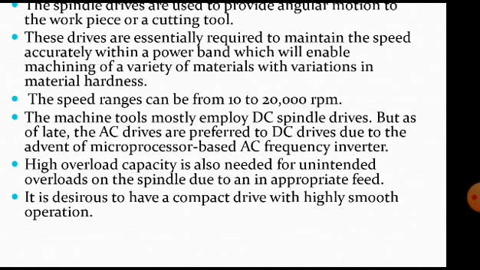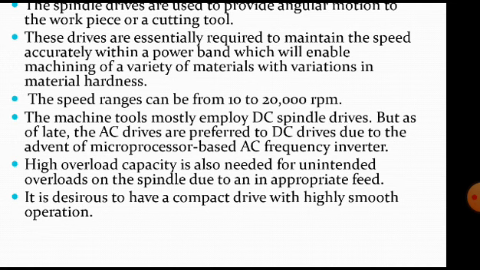High overload capacity is also needed for unintended overloads on the spindle due to an inappropriate feed. Whenever a high load comes, especially on the cutting tool, or a high rotational speed is required, the motors should have the capacity to handle such irregularity or continuously changing rotations.